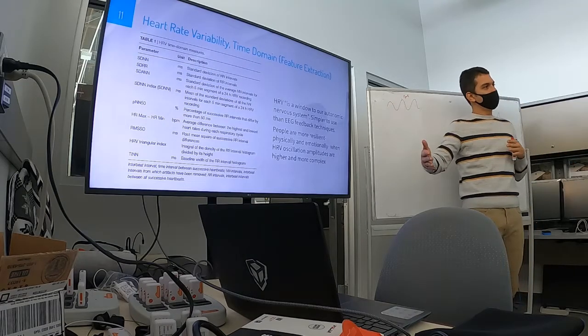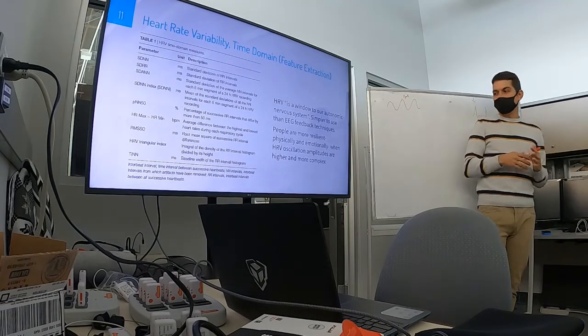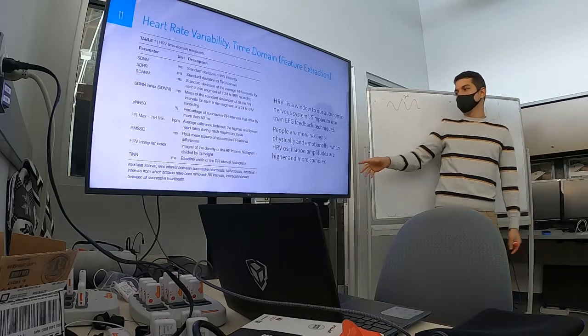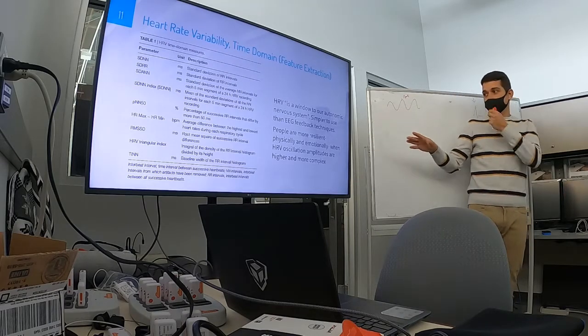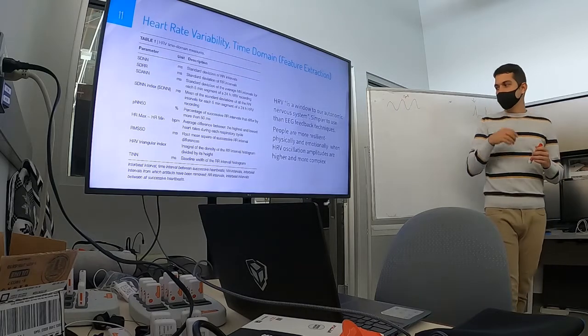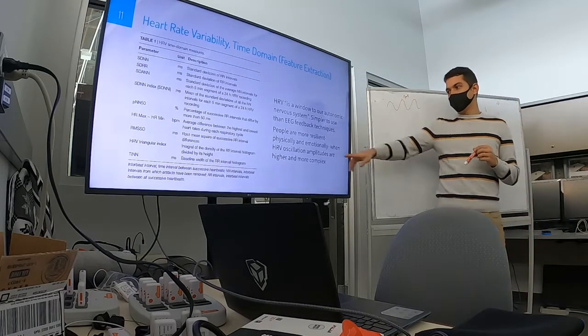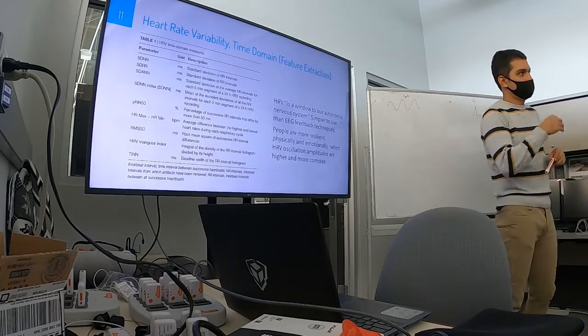But when you move to the frequency domain, that distinction is probably a little bit easier, or there's more research on it. It's been investigated that people that are more resilient, physically and emotionally, the heart rate oscillations are higher and more complex.